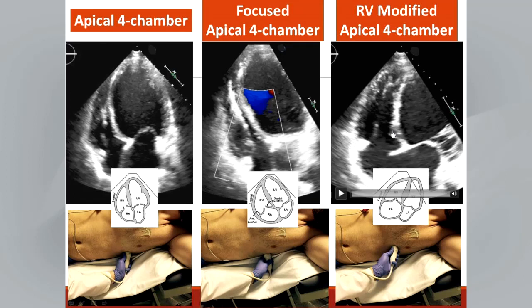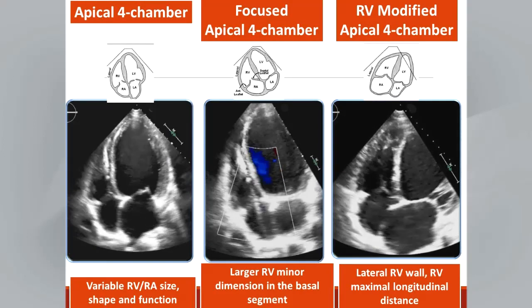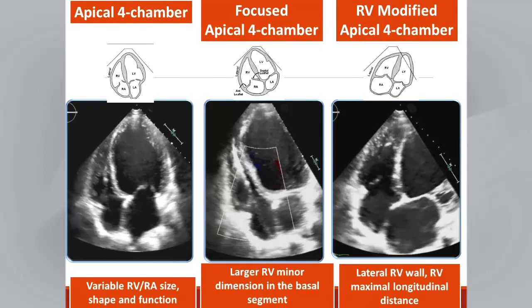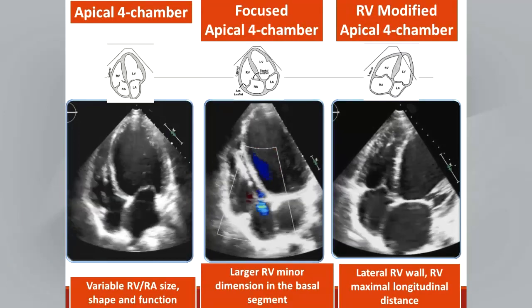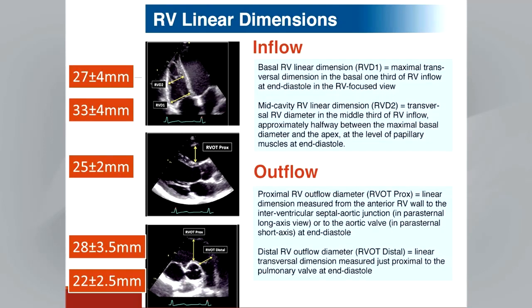And then we have the right ventricular modified apical four-chamber view, with the transducer in a more lateral position. The objective of this view is to look at the right ventricular free wall in its entirety. So these are the three views, and the reason why we image in these three views.